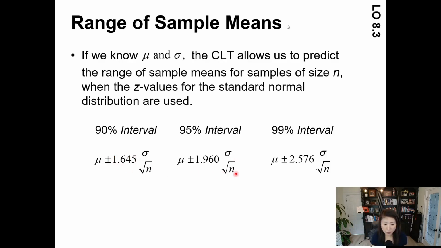Here we are showing 3 scenarios where z is different. When we're looking for a 90% interval, the z value we use is 1.645.